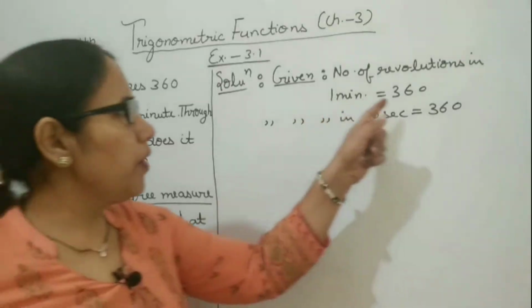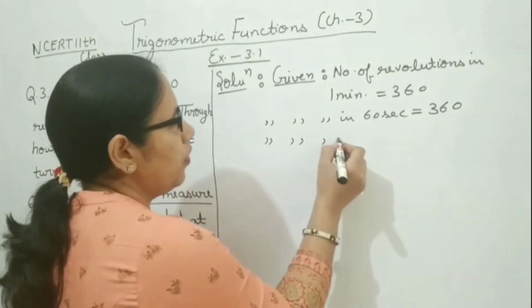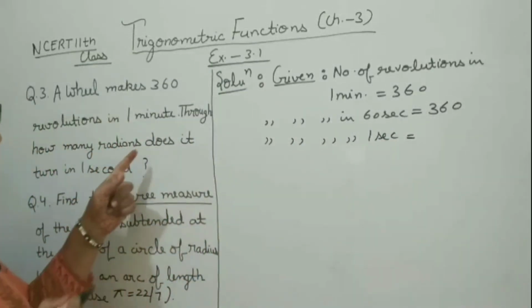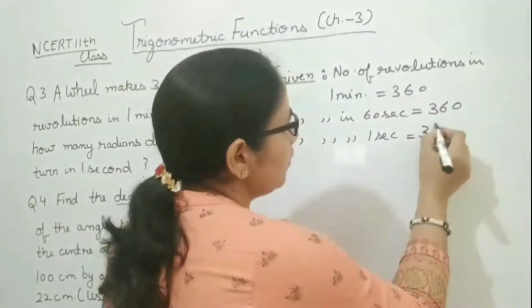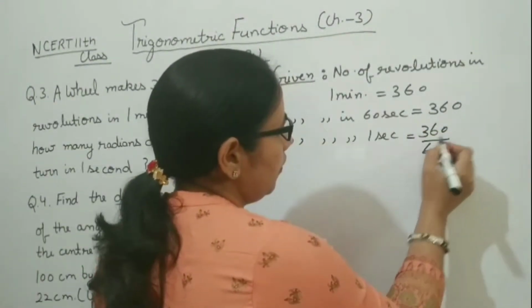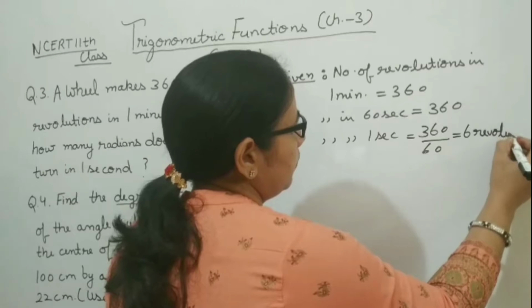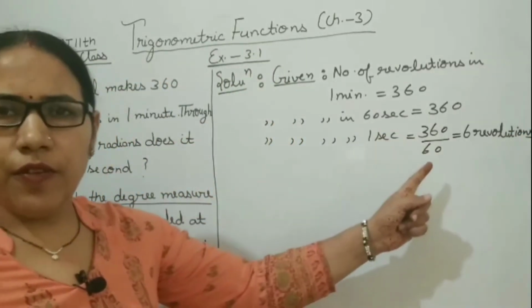So convert 1 minute into seconds. Now number of revolutions in 1 second, because we have to find the radian measure in 1 second. So in 1 second, 360 by 60, it will come out 6 revolutions. So the wheel makes 6 revolutions in 1 second.